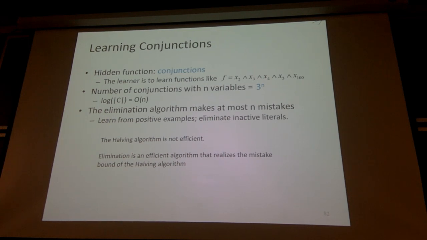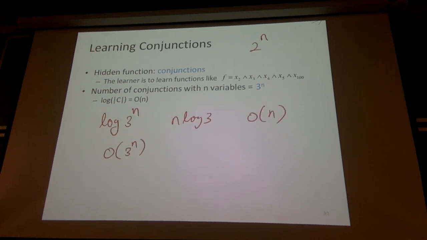Keep in mind that all I said was there is an algorithm that can learn it, but that algorithm was just downright lousy because it was inefficient. In order to learn conjunctions with a halving algorithm, you need an array of size 3 power n to start off with. And if you have 1,000 features, you need a 3 power 1,000 size array.